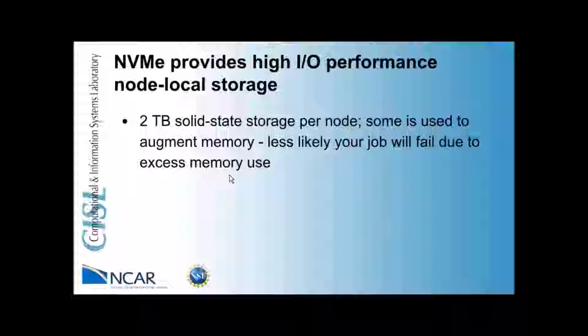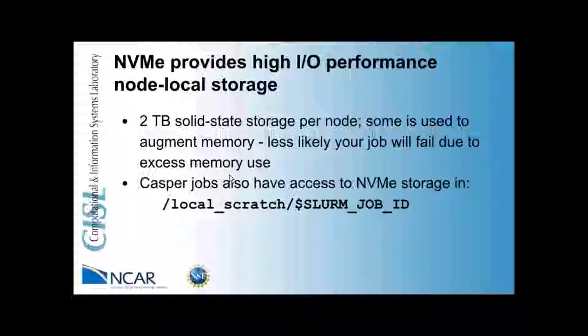This is nice because if you go over the memory limit on the node, or the memory that you've requested from Slurm, it's less likely that your job will fail because of excess memory use. That's used as a buffer. Now, obviously, there's still a hardware upper limit, so be conscious of memory. But hopefully we'll see fewer memory failures for jobs because of this overflow memory-like place.